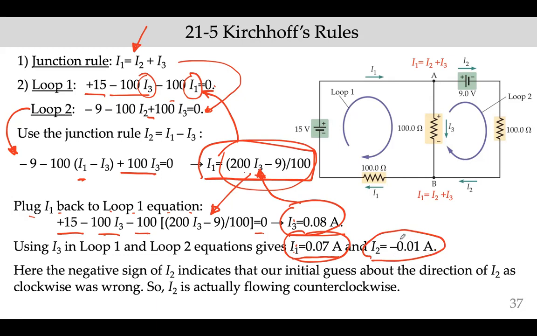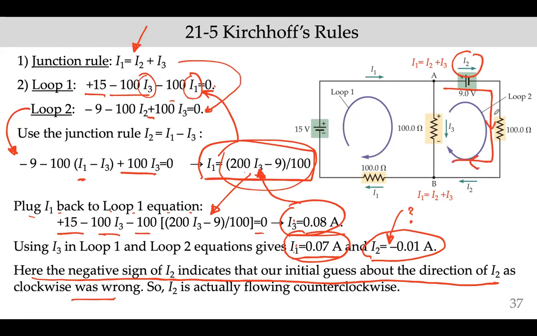Now, what is the meaning of this negative sign? Here's the explanation. The negative sign of I2 indicates that our initial guess about the direction of I2 as clockwise was wrong. We assumed that I2 was flowing this way, that was chosen arbitrarily, and at the end, we found it to be negative.